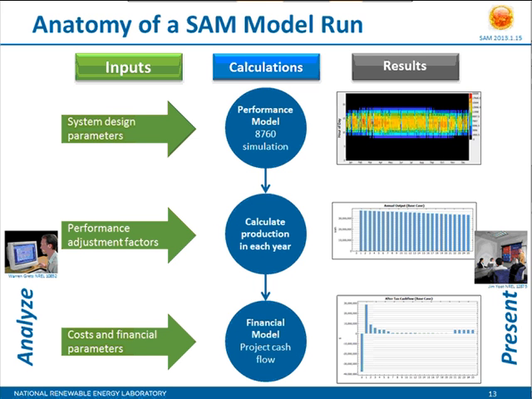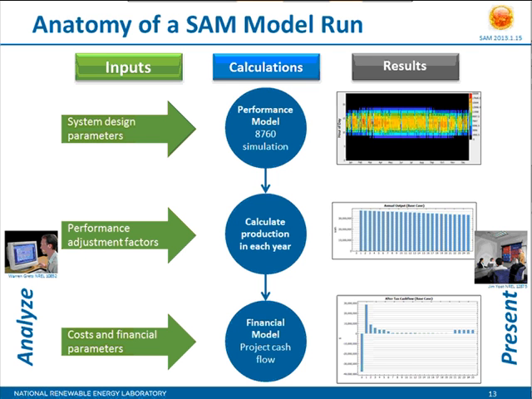Here's a quick diagram of what's going on behind the scenes when you run SAM. We've got inputs. That's the stuff that you give SAM. Those are the green arrows there. You've got inputs to describe the physical system, and then a set of performance adjustment factors, which I kind of glossed over before.